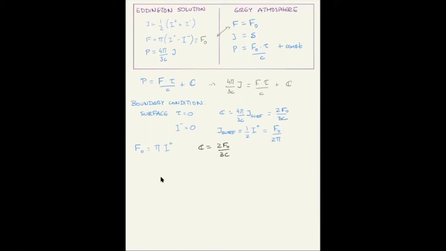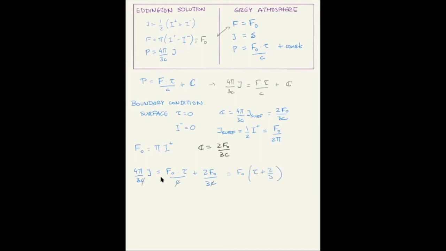Applying this to the equation for the mean intensity, you have 4 pi over 3c times J is equal to the flux times the optical depth over c plus twice the flux over 3c. So we can cut the speed of light on all sides, extract the flux from this equation. So that's the flux that multiplies tau plus 2/3.